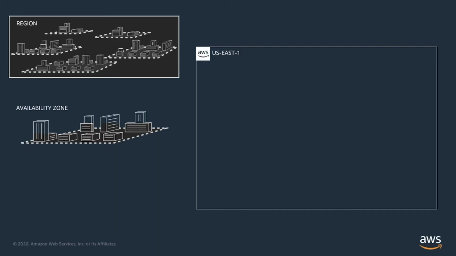AWS customers who are focused on high availability can design their applications to run in multiple availability zones to achieve even greater fault tolerance. These availability zones are represented as 2 boxes in the middle, and they're identified as US East 1A, 1B as alphabets.